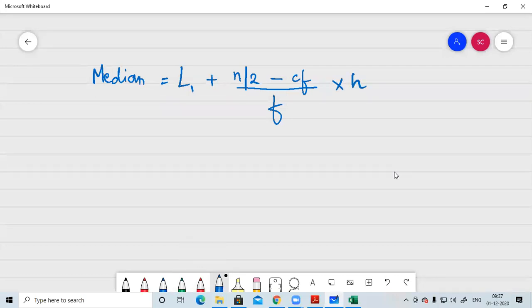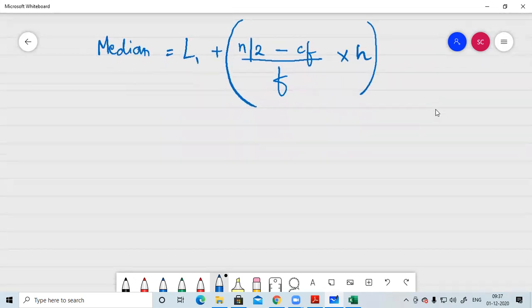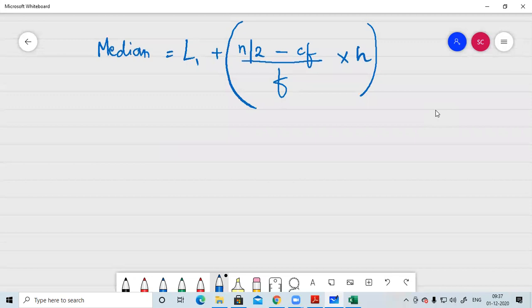Now, for convenience in understanding the calculation, we can put this whole thing into brackets. Now, what does the formula mean? First, and the most important thing, is understanding what each element in the formula means. So here, L1, which we have discussed earlier, is the lower limit of the median class.